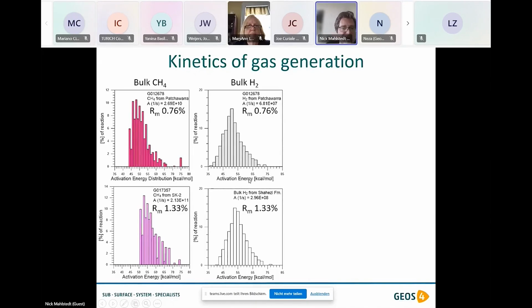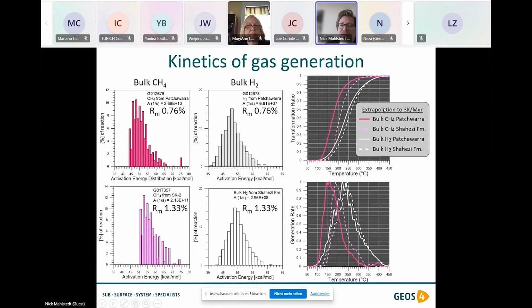The very same is true for the Shahese formation sample, which is a little bit more mature and exhibits vitrinite reflectance around 1.3%.